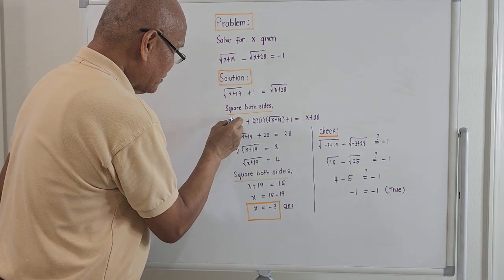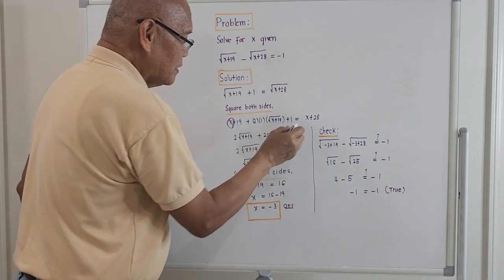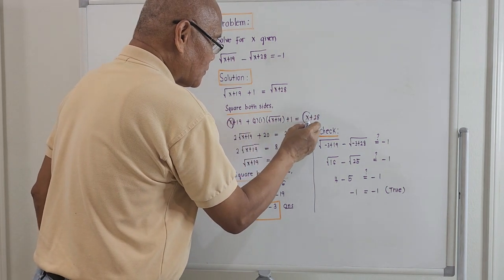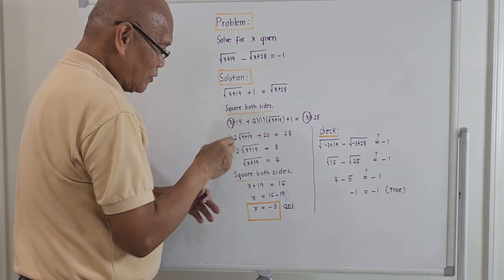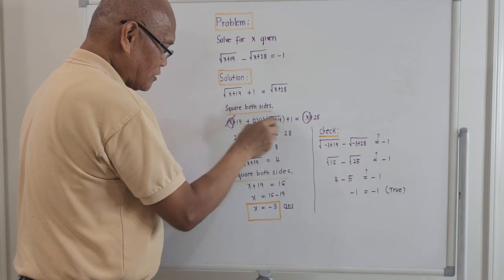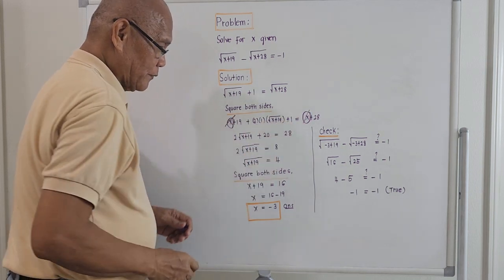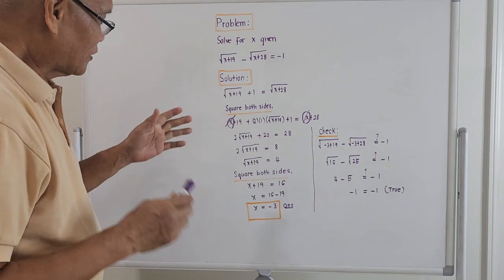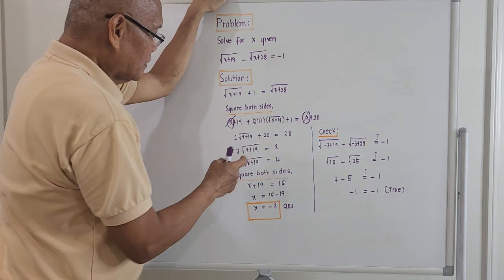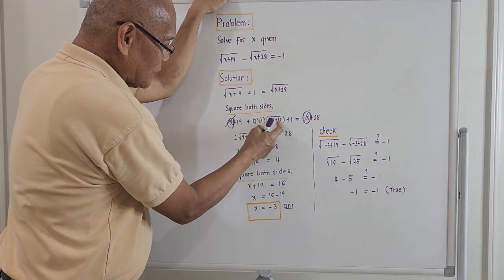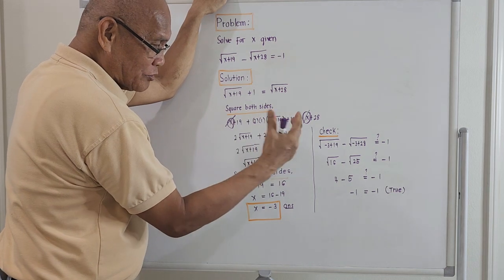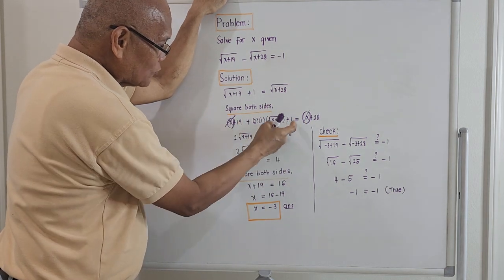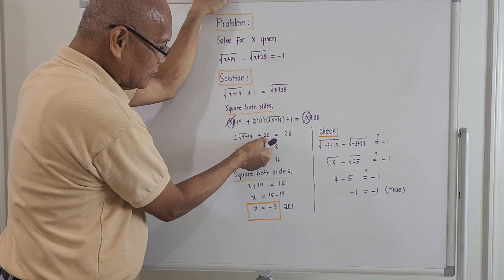This x here is plus, and this x here is plus. If we simplify this, this x here cancels with this. What remains is 2 times the square root of x plus 19. The constant term on the left will be 19 plus 1, which is now 20.